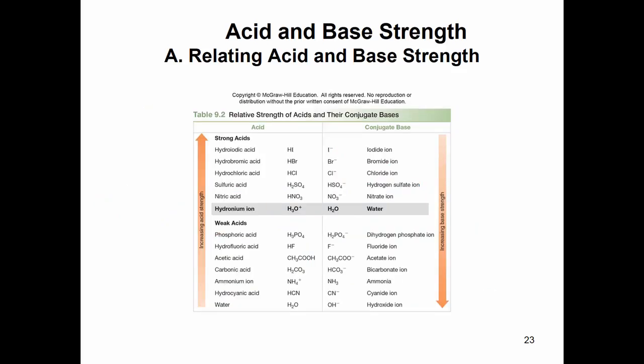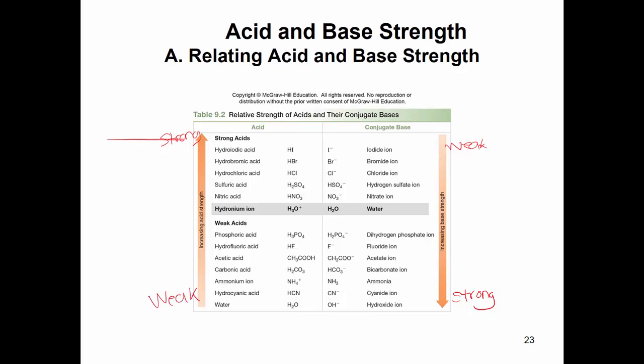So we can see this in a table. So this will be a nice table you may want to keep handy. Okay, so here's a strong acid. Notice that its conjugate base is weak, this is strong, and this is weak.